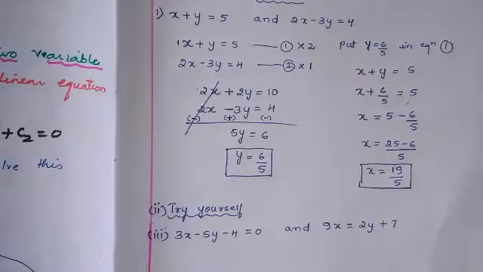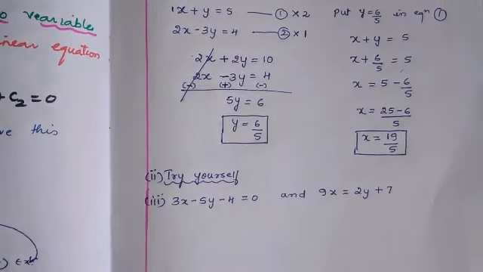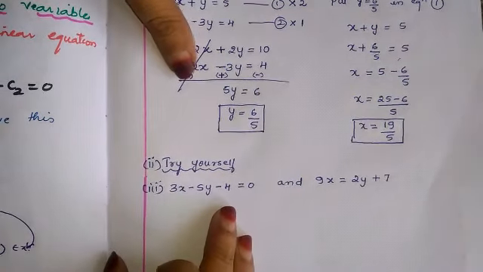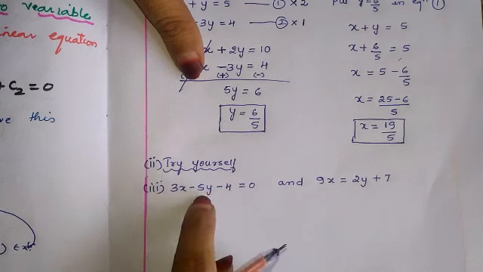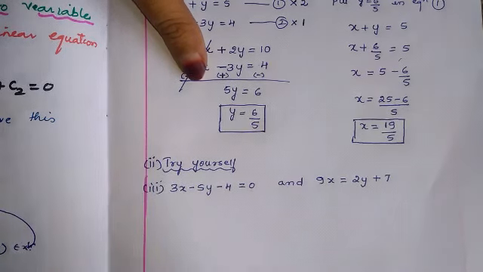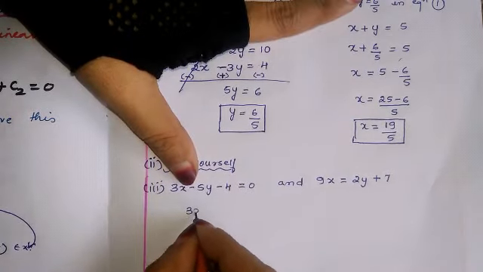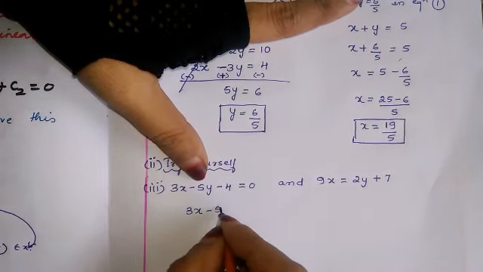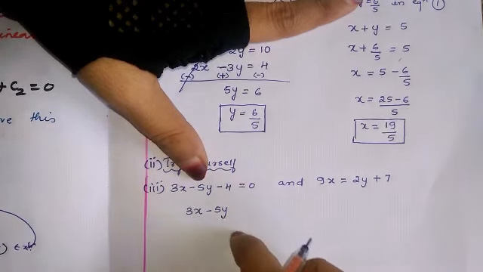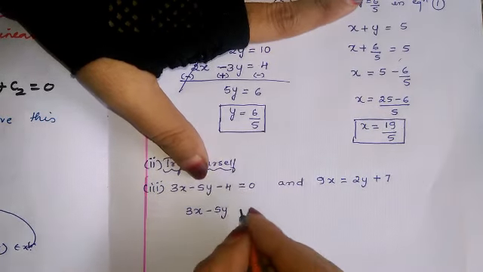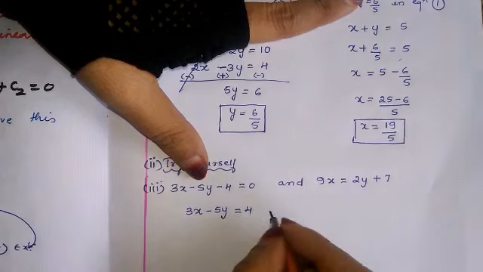Now the question is given, but we know that the standard form of a pair of linear equations is ax plus by equals a constant. So let us arrange this properly. 3x I will write here only, minus 5y I will write here only, but the constant I will take that side. So minus 4 if I take this side, it becomes plus 4.